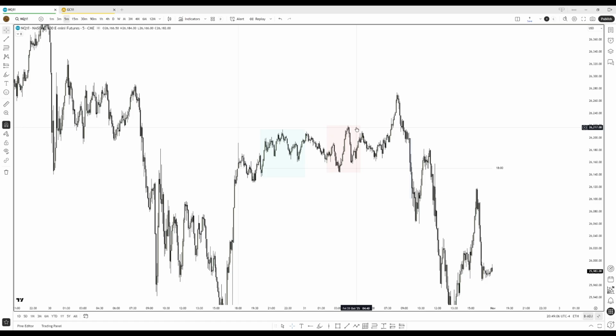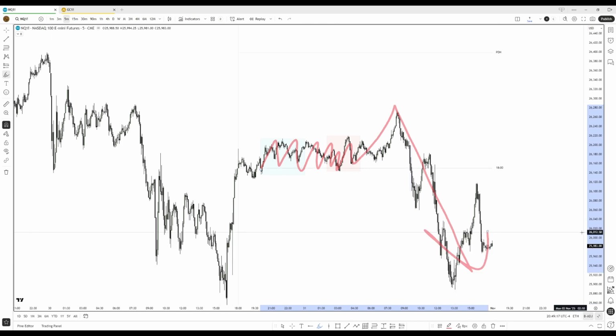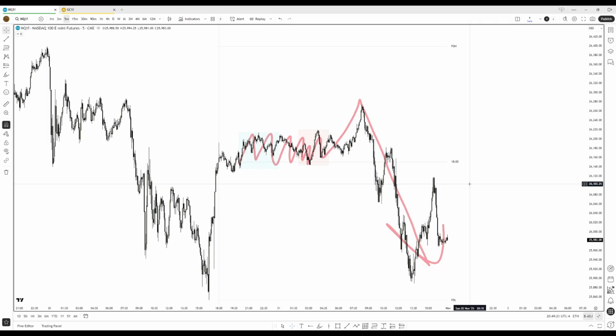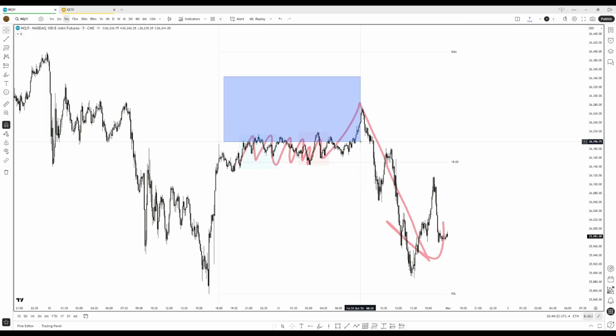We still continued to consolidate. So over here we had consolidation, manipulation, distribution. Because if you look over here, this is going to be the next part of the lesson, in terms of what direction it's going to move, and a more nuanced understanding.